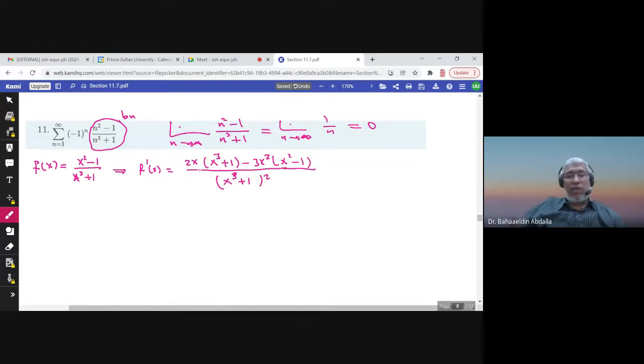I can take x as a common factor. So I'll have 2x cubed plus 2. I take x from x squared as a common factor, so I still have 3x only. So 3x times x squared is 3x cubed, and minus 3x times negative 1 is positive 3x.